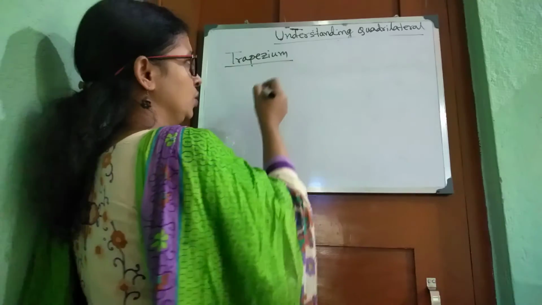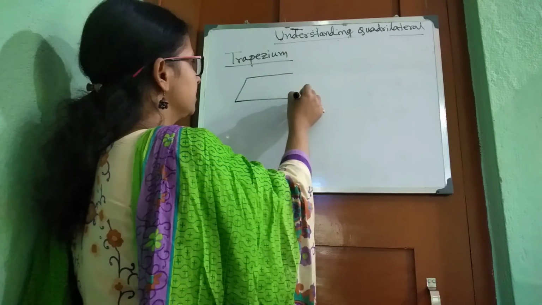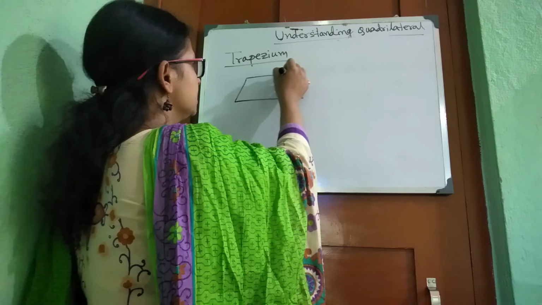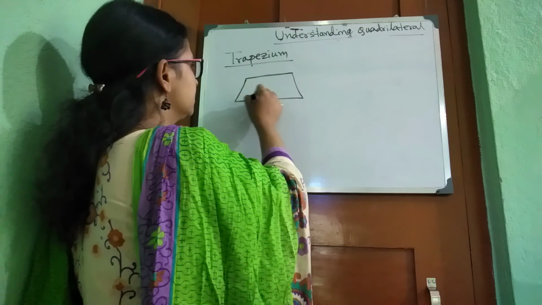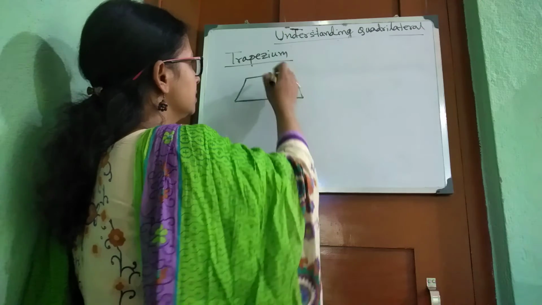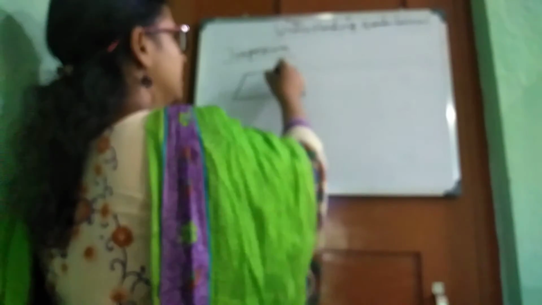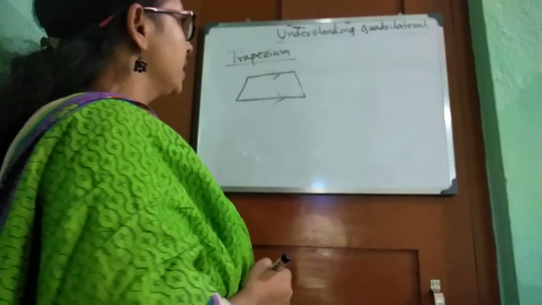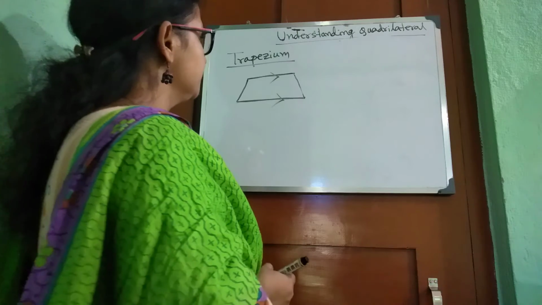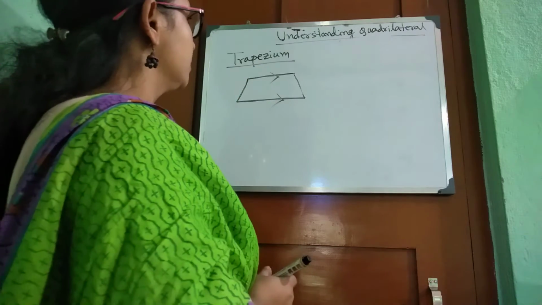So first, what is the figure of the trapezium? This is the figure of a trapezium, where one pair of sides is parallel. These two sides are parallel, but these two are non-parallel sides. So in the trapezium we have got these two parallel sides.